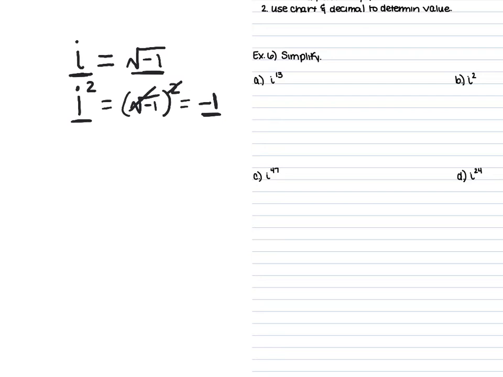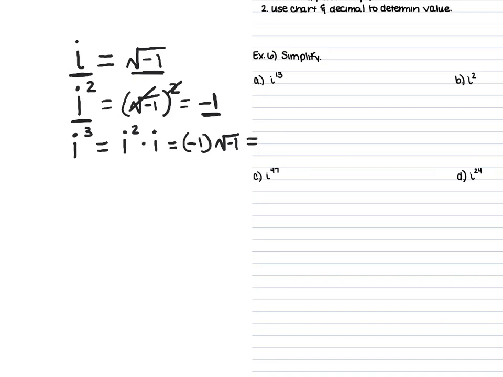Well, then what would i to the third power be? Would you agree with me that i to the third power is the exact same thing as i squared times i? Are we okay with that? I already know that i squared is negative 1 times whatever i is. So negative 1 times the square root of negative 1.